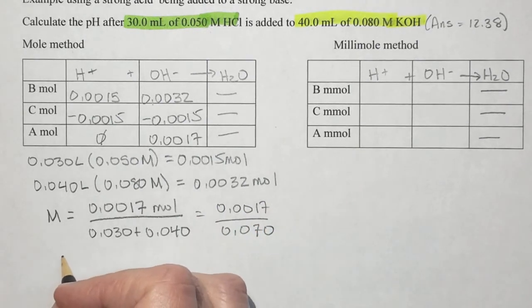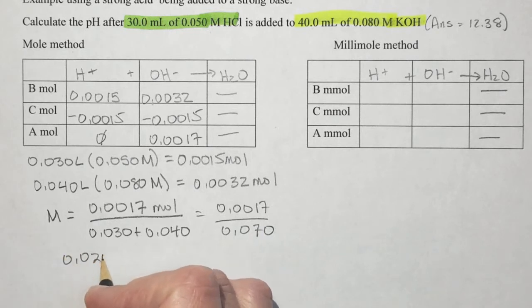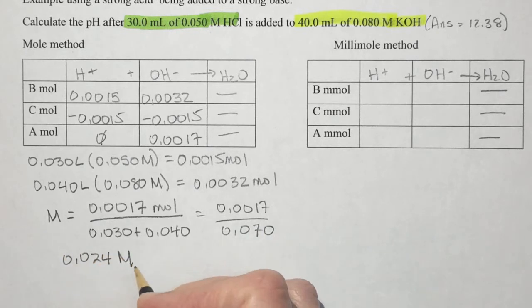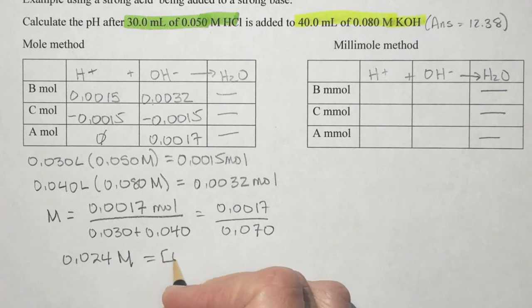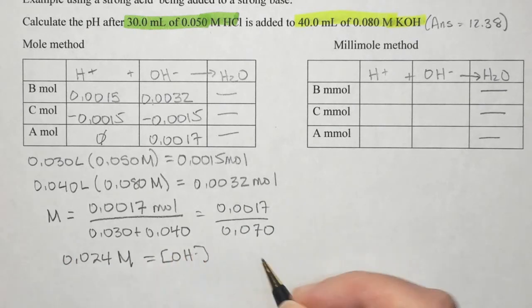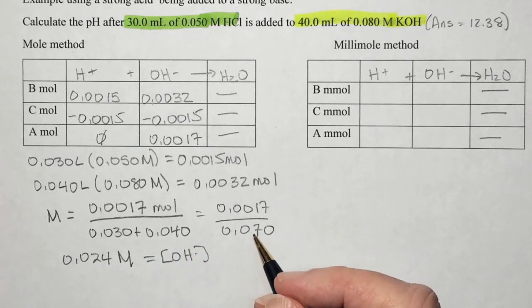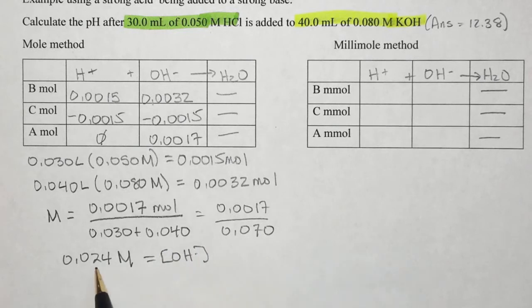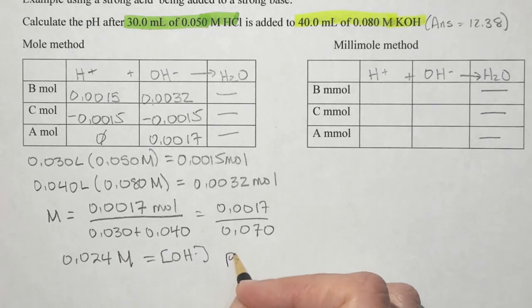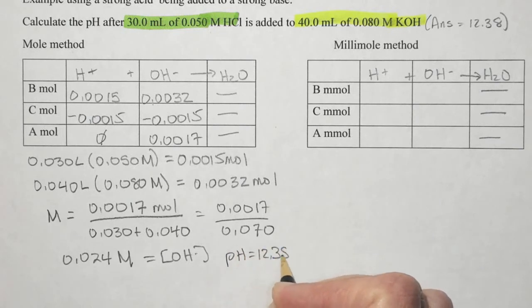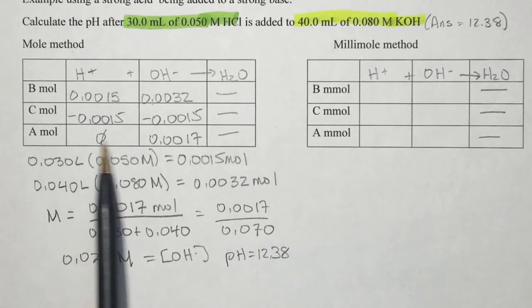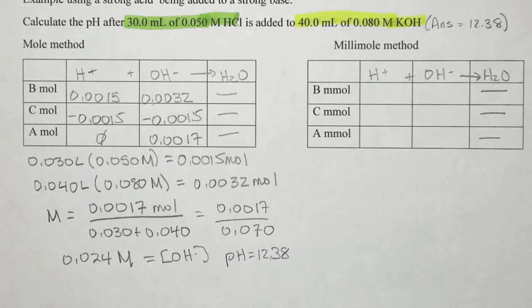All right, now I calculate that, and that's 0.024 molar, and that is my hydroxide ion concentration. So I have to remember that, so I'll figure out my pOH and then my pH, and my pH is going to be equal to 12.38. So I had many opportunities up here to drop a zero.